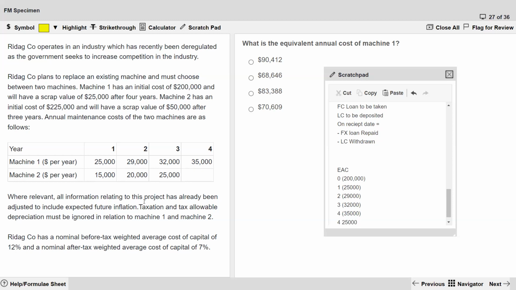Now, what you do is that you use this 7% after tax cost of capital, 1.07 to the power minus 0.